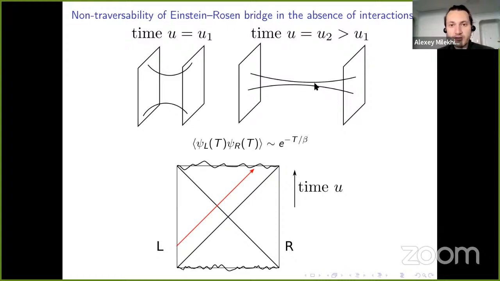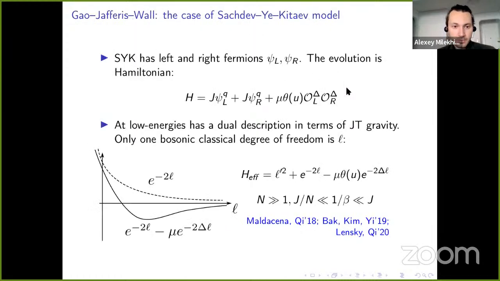But if mu is large enough, this correlator will start to oscillate, because this effective variable L will now be trapped. It will not run away to infinity. So, any questions?